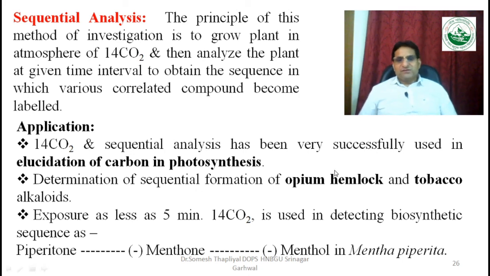Then in the determination of opium, hemlock and tobacco alkaloids, and if we expose for less than 5 minutes to 14CO2, the biosynthetic sequence of piperitone to menthone and from menthone to menthol in the case of Mentha piperita, that Mentha piperita is pudina.